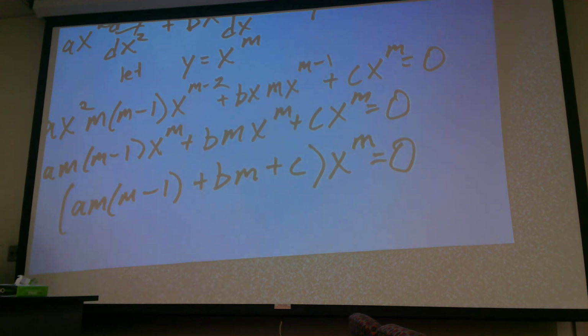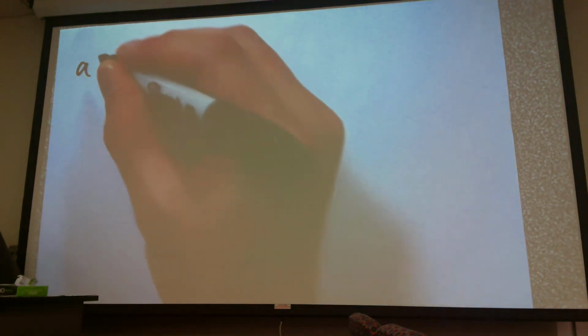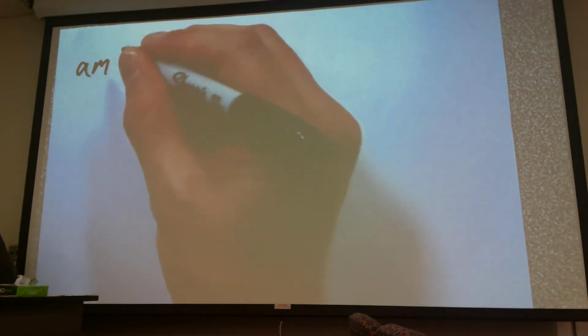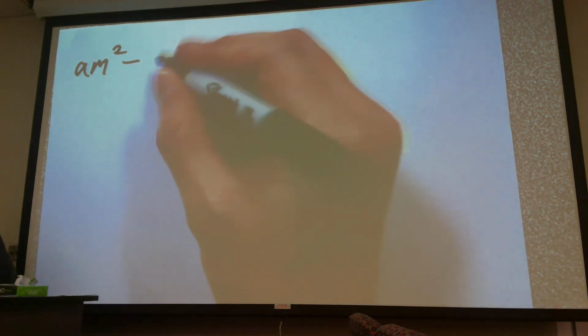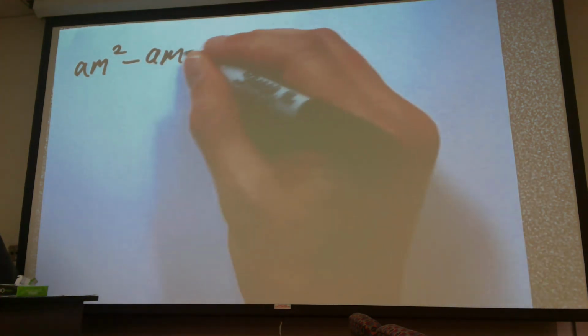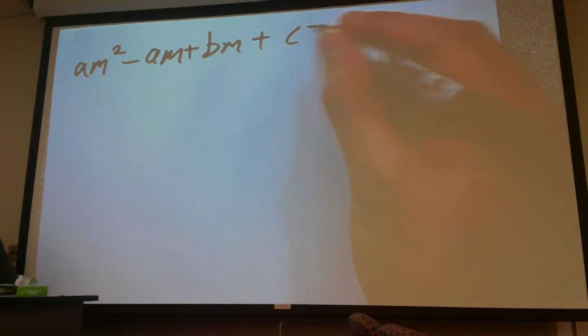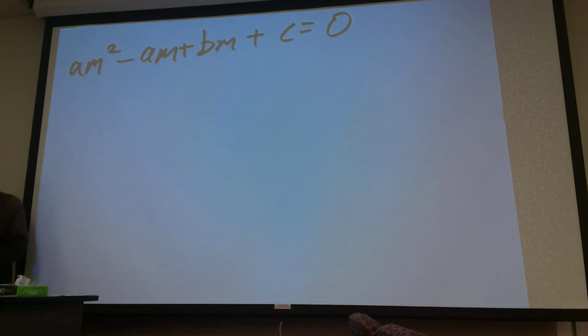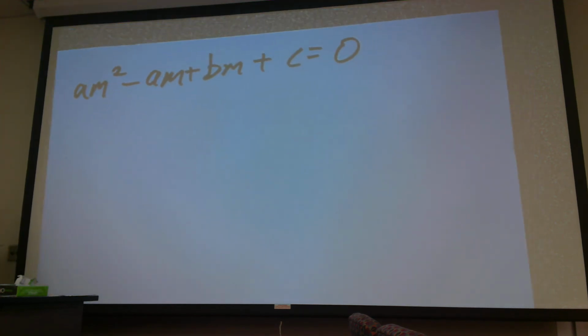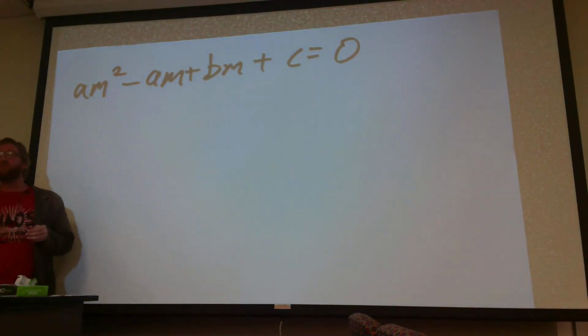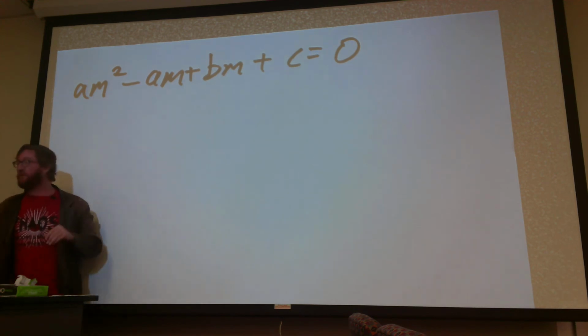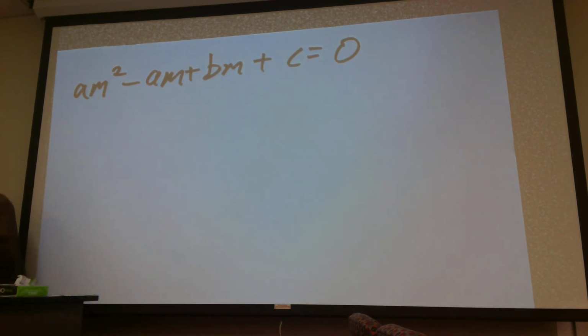So I could rewrite this problem like this. That would be a times m squared minus a times m plus b times m plus c, which equals 0. And we want to group our like terms together, so the a and the b with the m's, let's group them together.